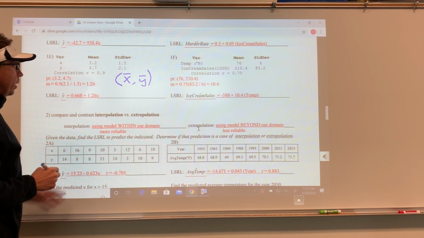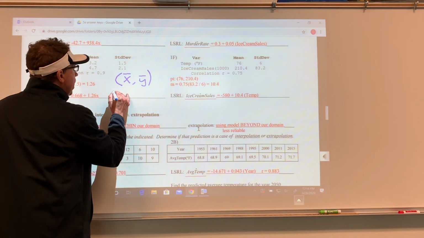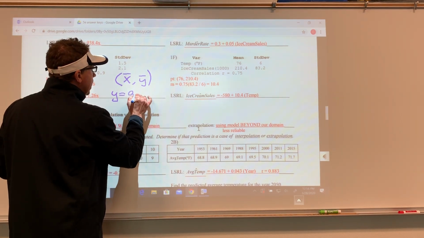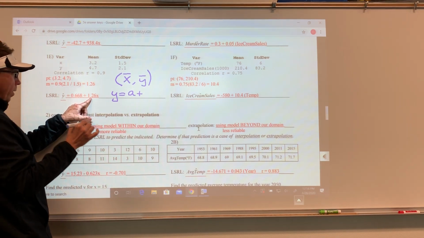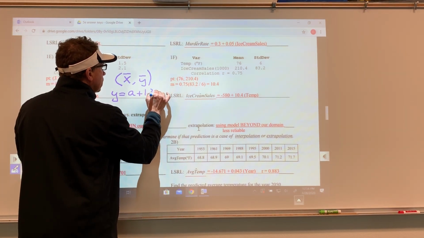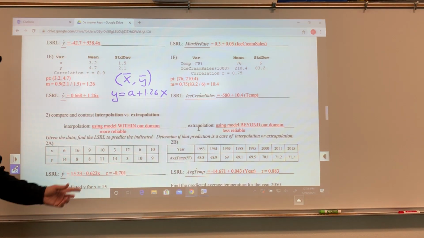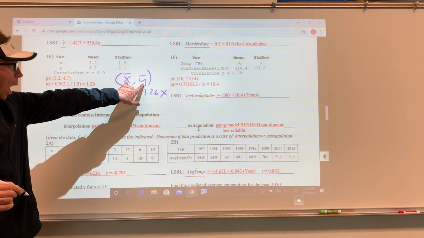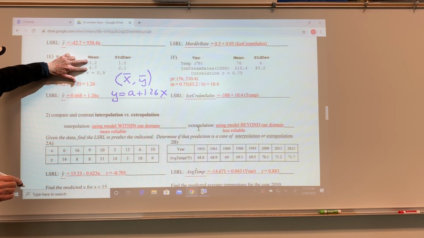Okay? So what you're going to do with that knowledge is you're going to set up this equation. Y equals A plus, now we got B, 1.26, X. Now, do we have a point to put in for x and y? Absolutely. X bar, y bar. And that is right here, the mean of the x's and the mean of the y's.